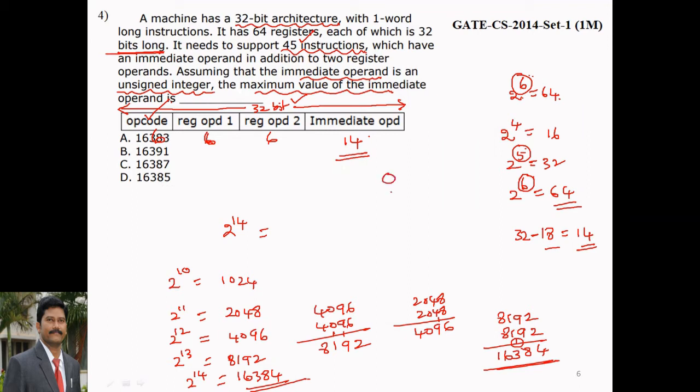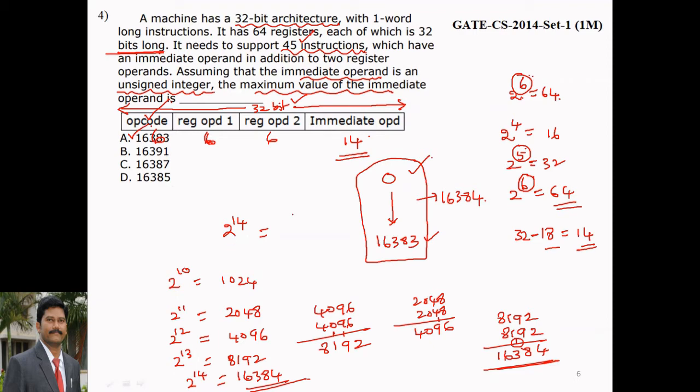That means 0 to 16,383. Together it is 16,384 values. Now what is the answer here? The minimum value is 0, the maximum value is 16,383. So 16,383, option A is correct.